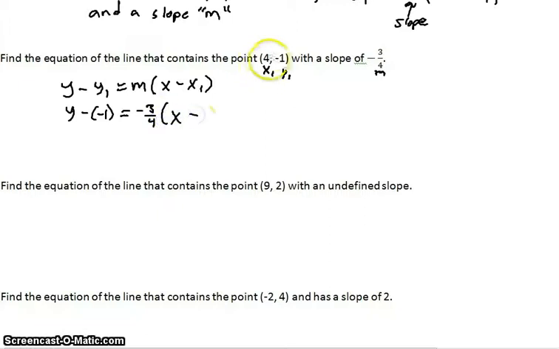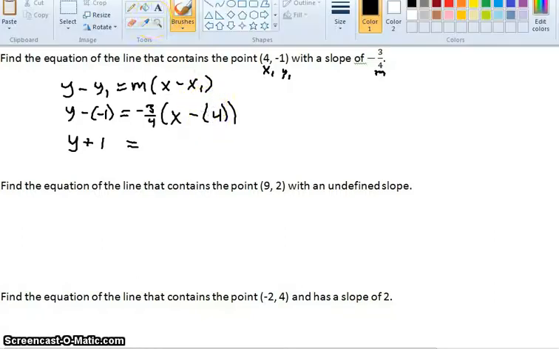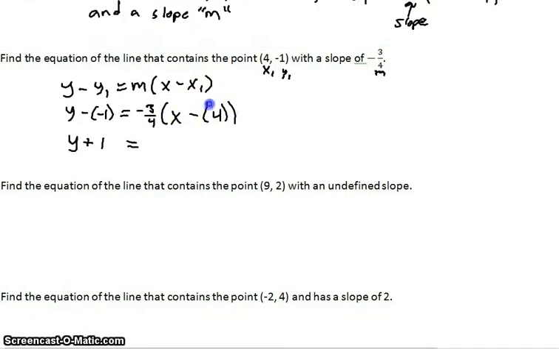And then I'm going to plug in 4 for x1. Now you noticed I put parentheses around it all just because of this minus sign here, because you're going to see that sometimes you're going to deal with a couple minus signs and they cancel each other out. So what we have is y plus 1 equals, I don't necessarily need the parentheses there. I don't need these parentheses, so I'm just going to get rid of this.